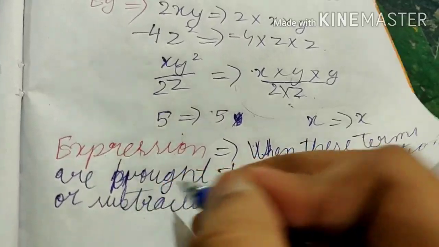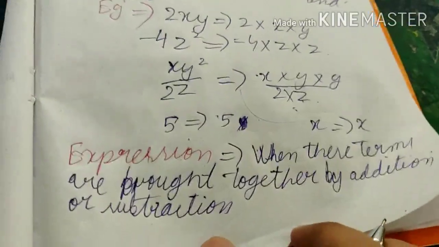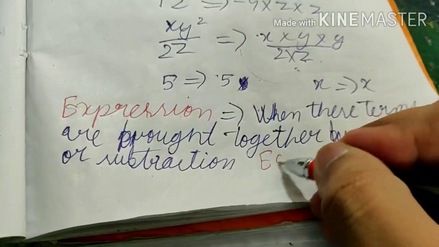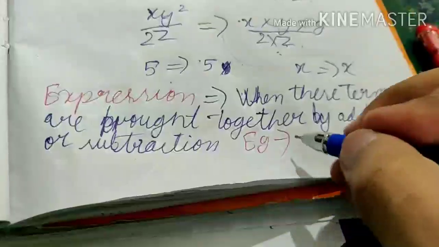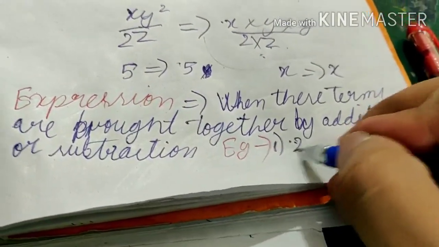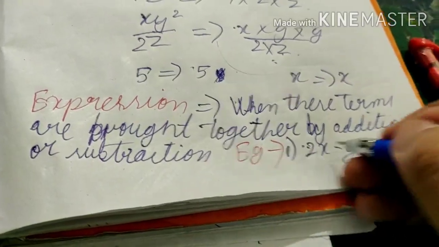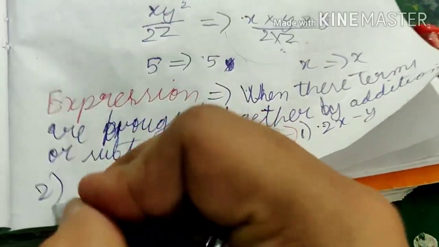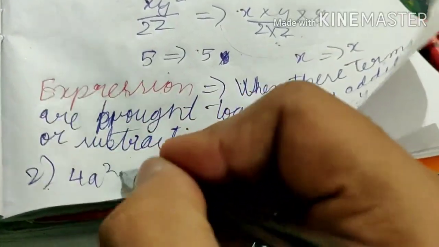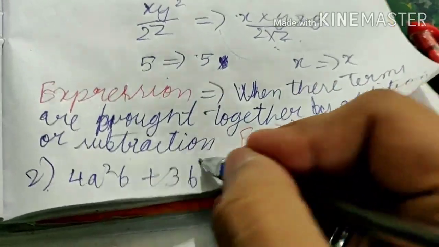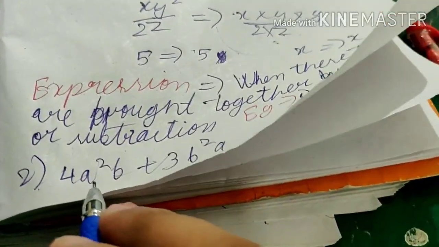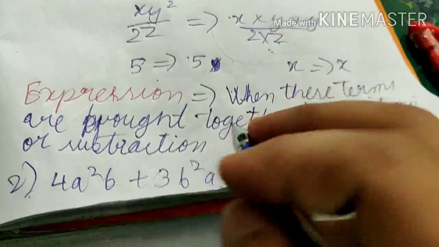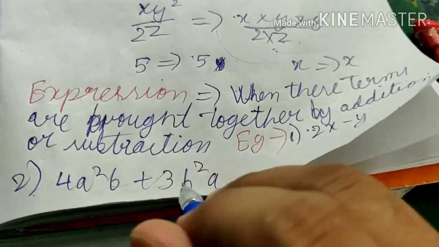Okay, when terms are brought together by adding or subtracting, these are forming expression. The examples of it are: first example is say 2x minus y. This is the first term, this is the second term, and these are present in subtraction. Second example is 4a square b plus 3b square a. Look, here it is a to the power 2 and here it is b to the power 2. So these are not the same terms, but two different terms are present in the form of addition.